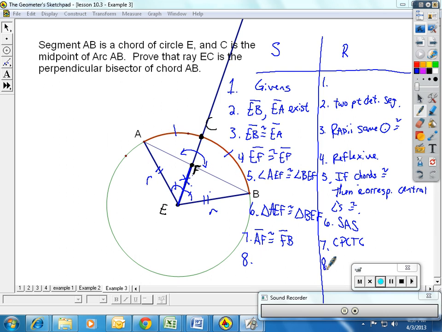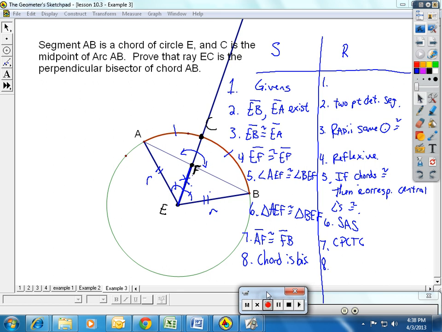Finally, number 8. If those are congruent, we know that the chord is bisected. Definition of bisect. Now we have one last thing to prove, and that is that it is perpendicular.